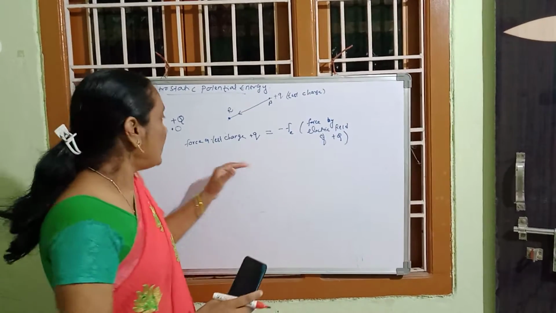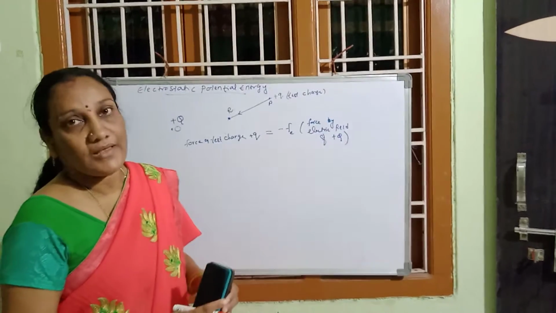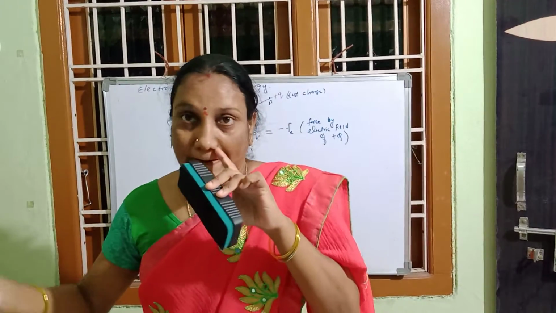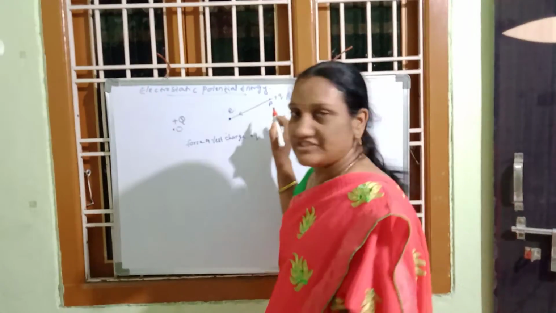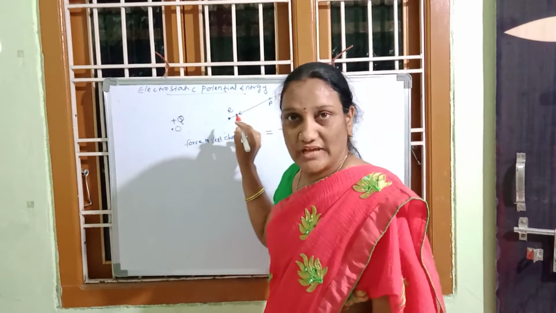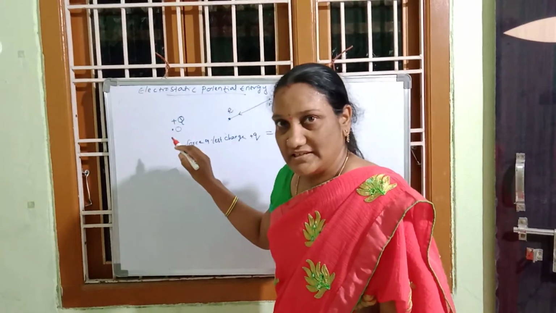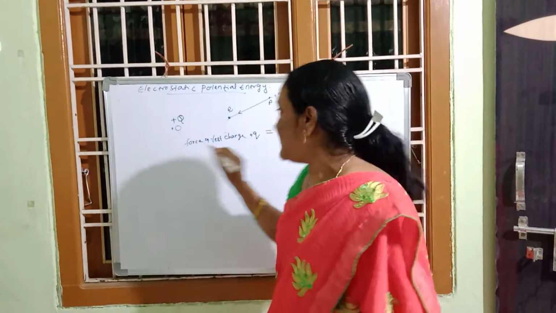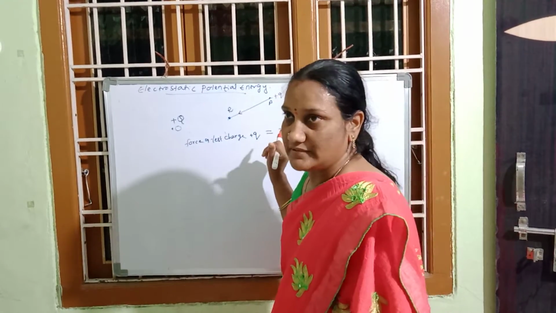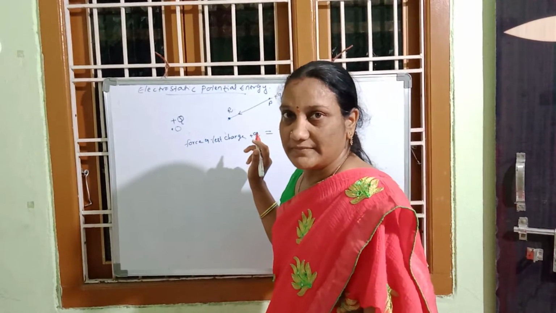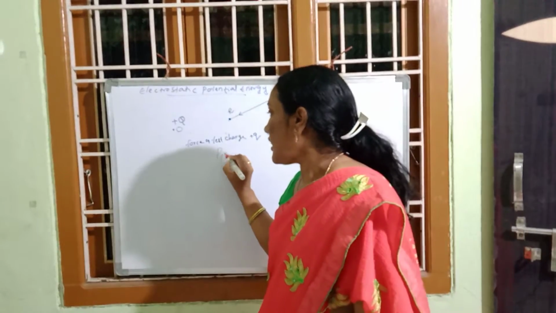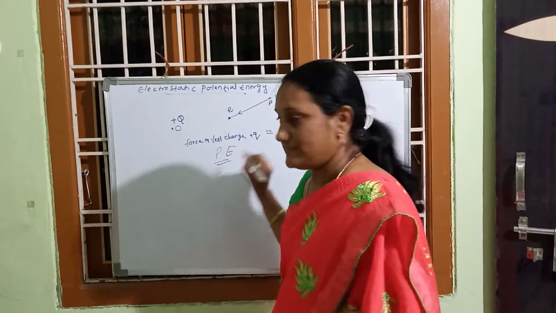Now next, as the work done on the test charge is equal to the work done against this electric field by the force of the electric field, it is stored as potential energy.